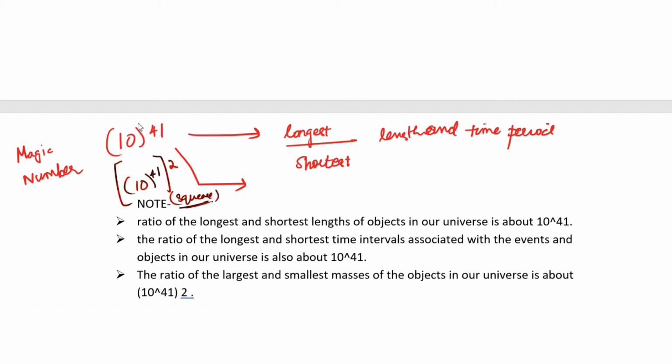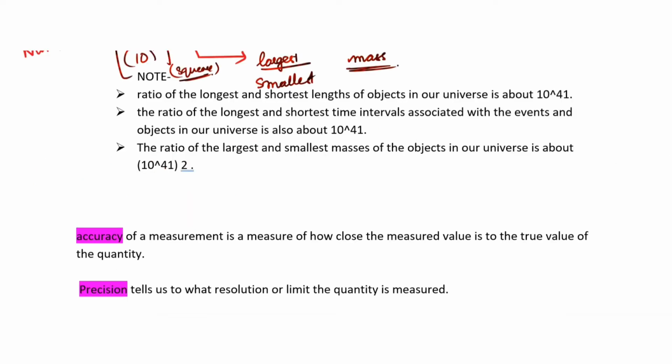Now moving on, we need to know the difference between two terms which are often confused and used interchangeably. There are two different meanings to each term. First one is accuracy. By accuracy we mean how close it is to the true value, the actual value.